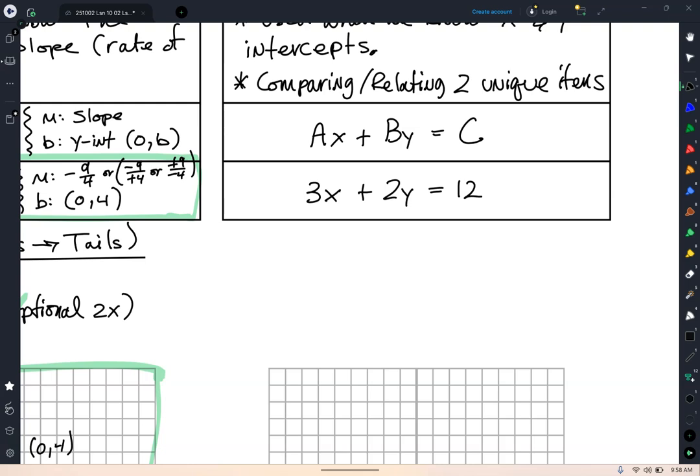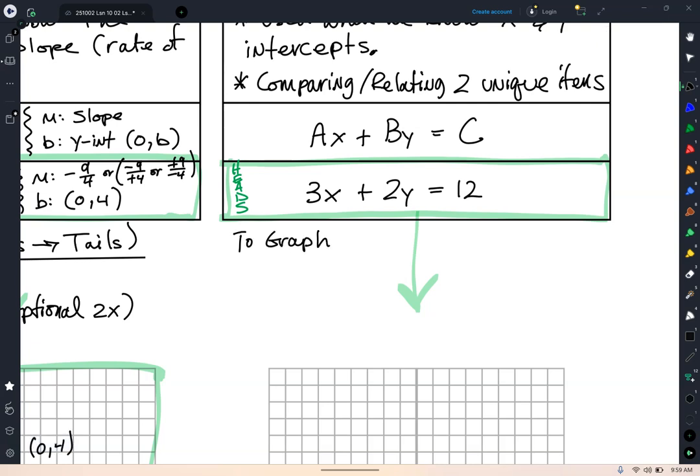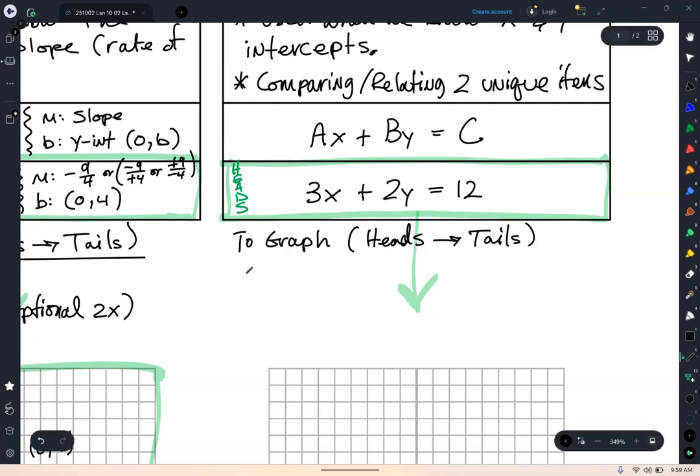So let's be consistent with what we're talking about here. To graph this one, from heads to tails, lock it in.